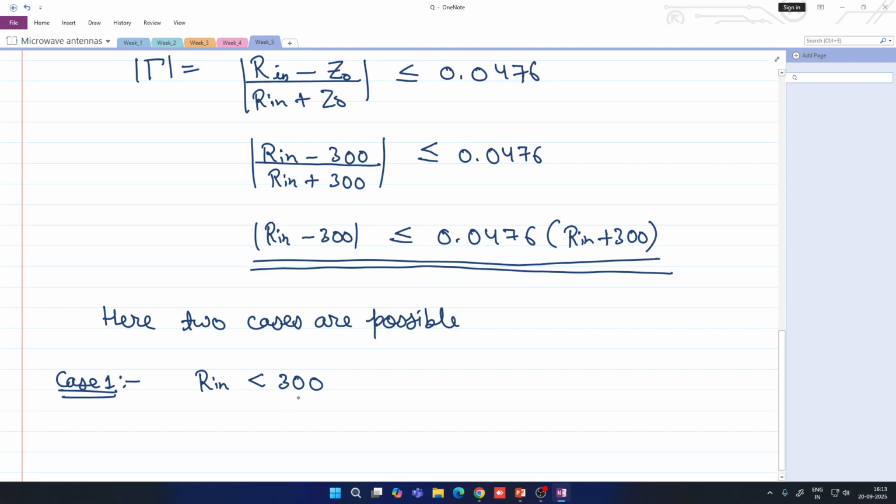When R in is less than 300, the numerator is going to be negative, so to remove the modulus you have to put a negative sign. So I can rewrite this as 300 minus R in has to be less than or equal to 0.0476 times R in plus 300.